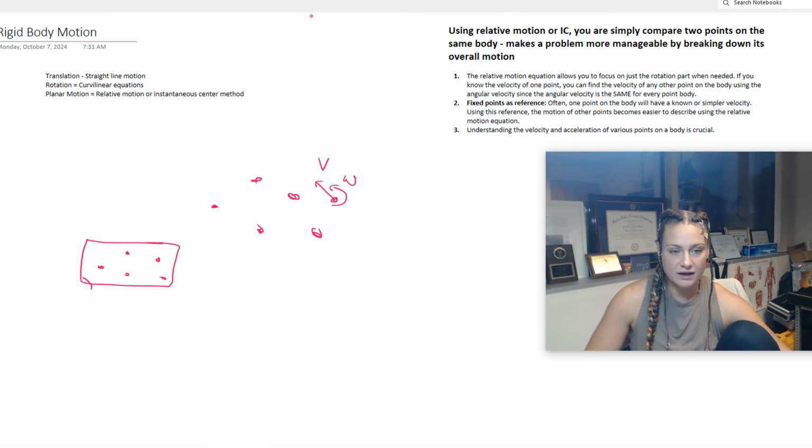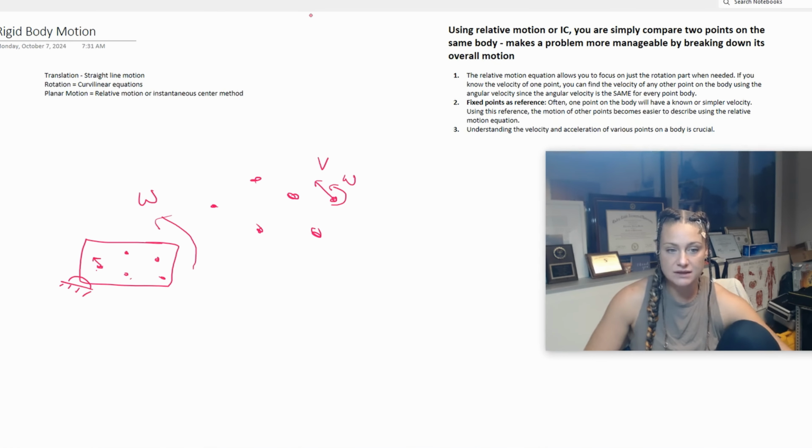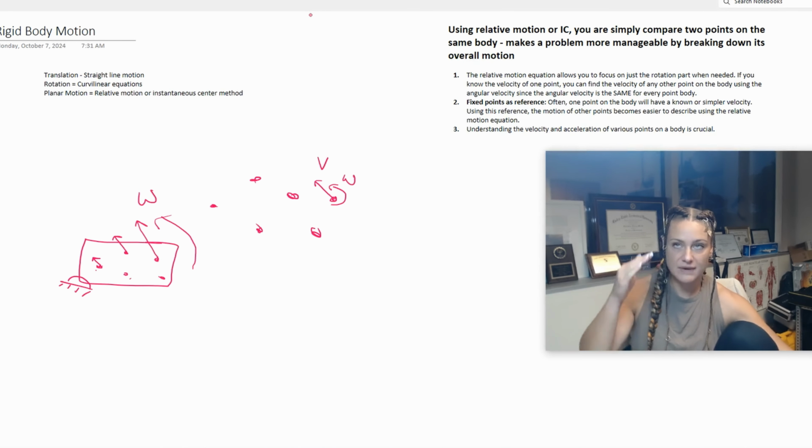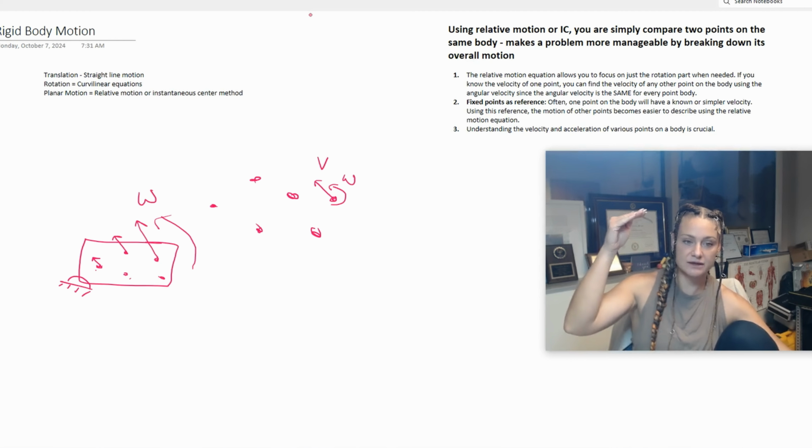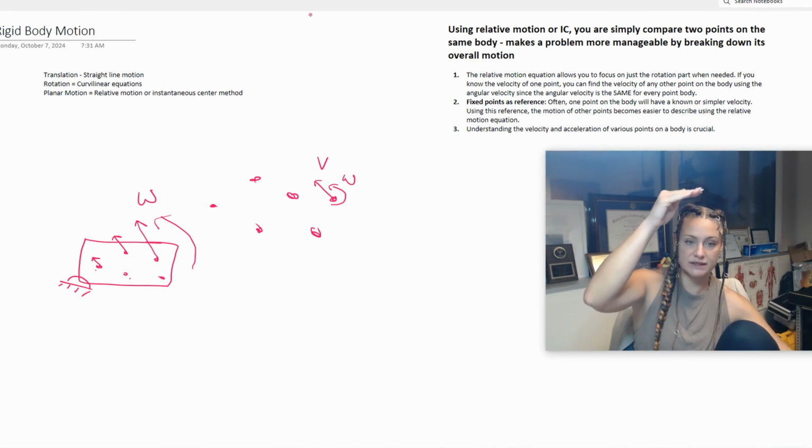So say I wanted this rigid body just to rotate. Every point in the body is going to have the same omega, but now the velocities are going to be different, because this velocity will be smaller than this velocity, which will be smaller than this velocity. As my radial length increases, my linear velocity increases.